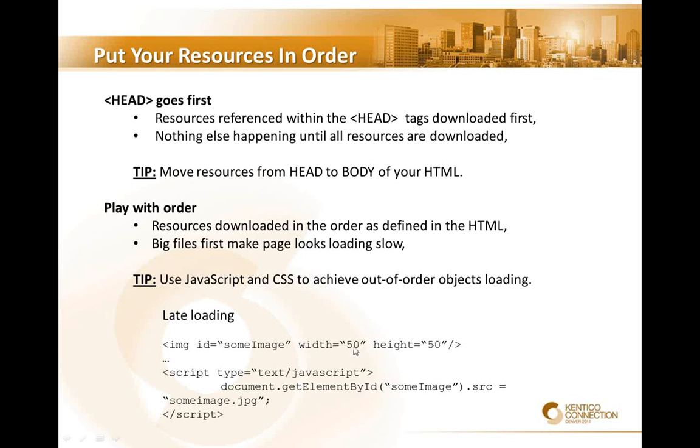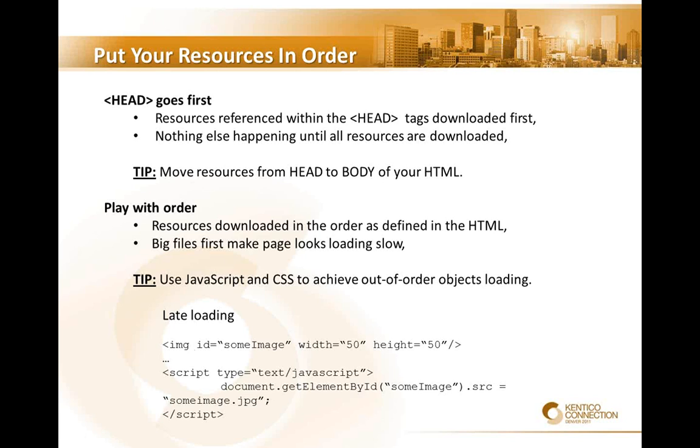That's the important part, because if you don't specify the width and height for the image element, either through the image tag attributes or through the CSS class, you will see the relayout of the page as the content is loaded.